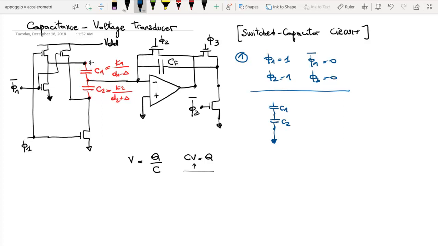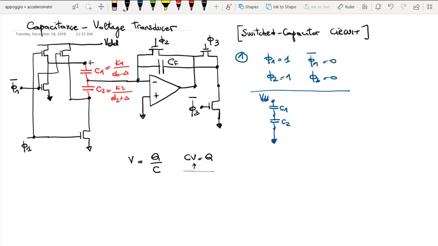And of course, phi 1 negated is 0, so only one of the switches connected to C2 is on, the other one is off, so that we know what is the voltage of this node. And here, from this node, we go directly to VDD because phi 1 is high. So this is connected to VDD. The switches driven by phi 1 negated are off, so we can discard them. So this is the situation.